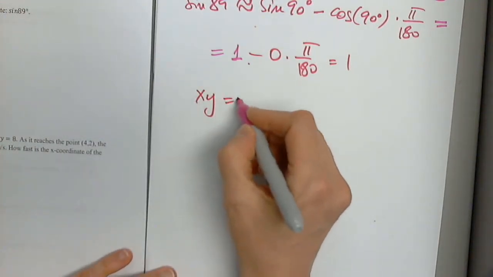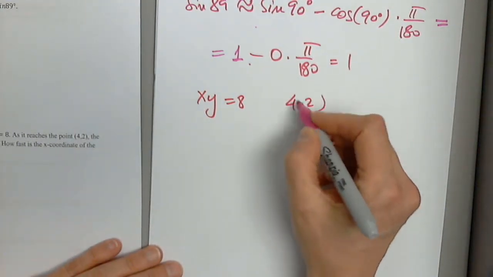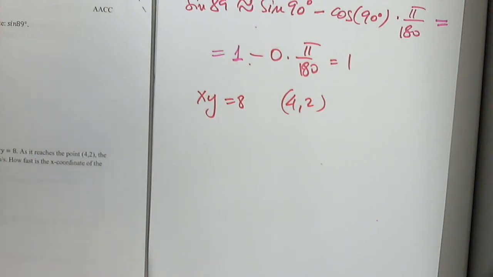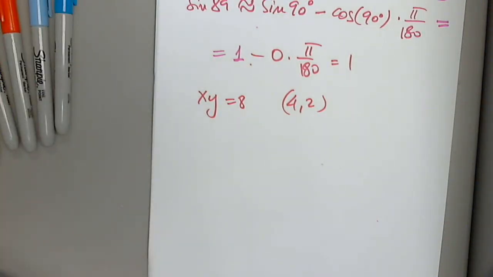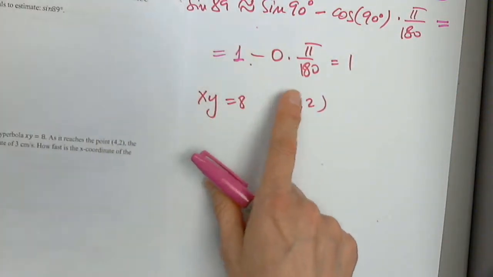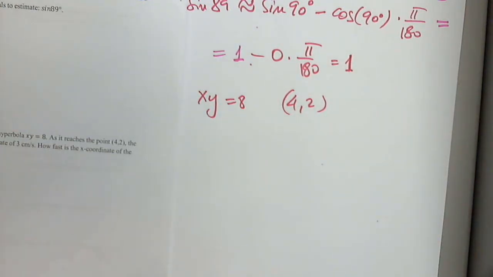The extra credit. So we have xy equals 8, and we have the point 4 comma 2. Any questions? Please ask. On the last one, we just did sine of 89. The answer is really 0.99, the correct answer is 0.9998.